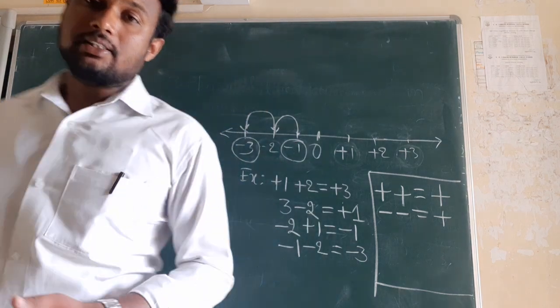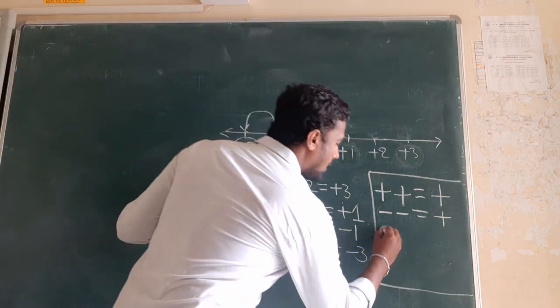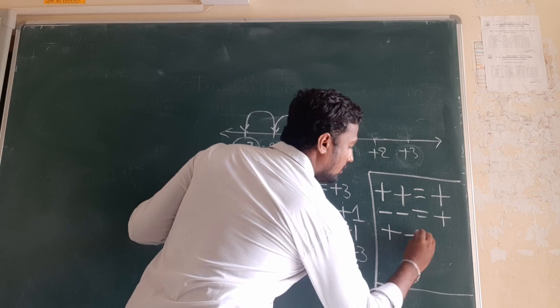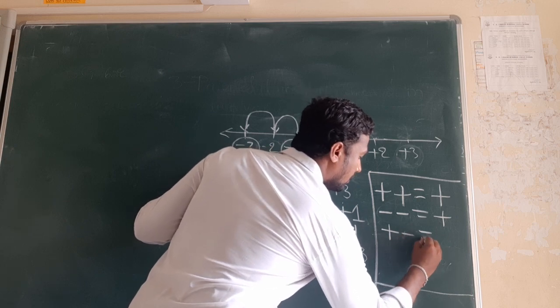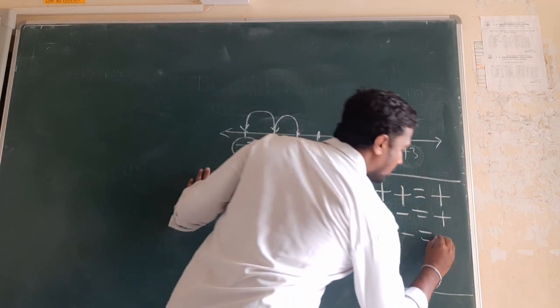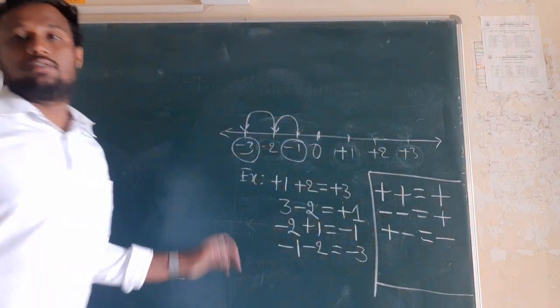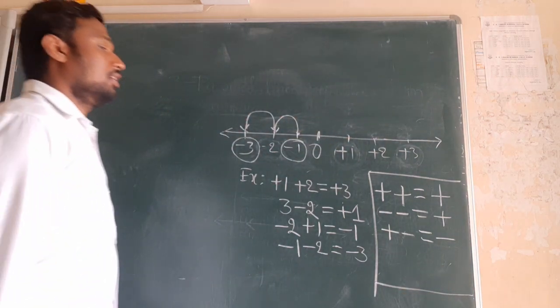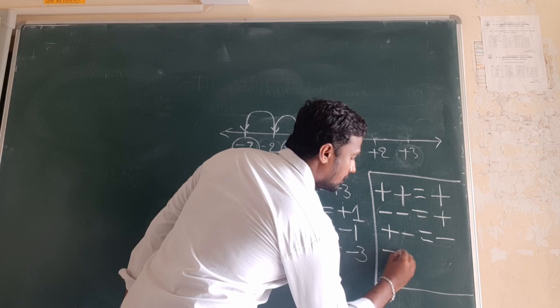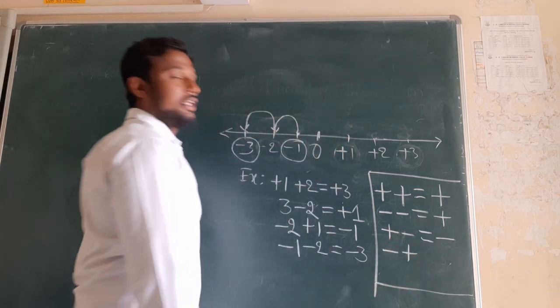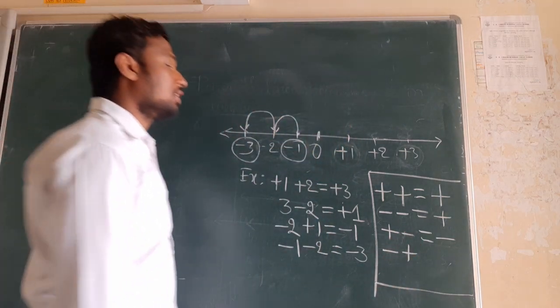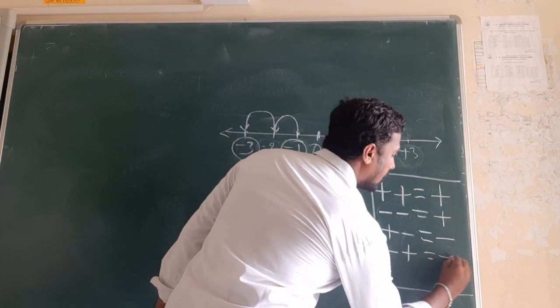Next, plus into minus. When you multiply a positive integer into a negative integer, what will you get? Minus. Remember this. Next, minus into plus, a negative integer into a positive integer, what will we get? Minus.